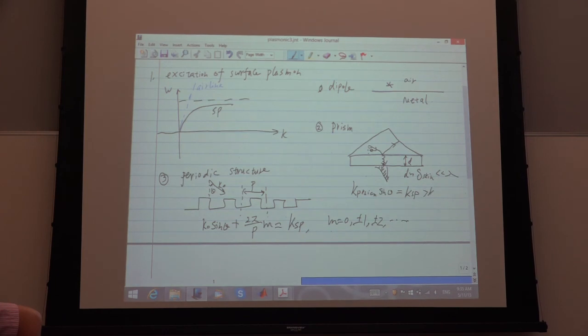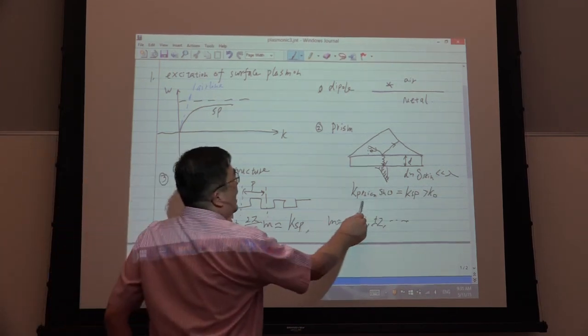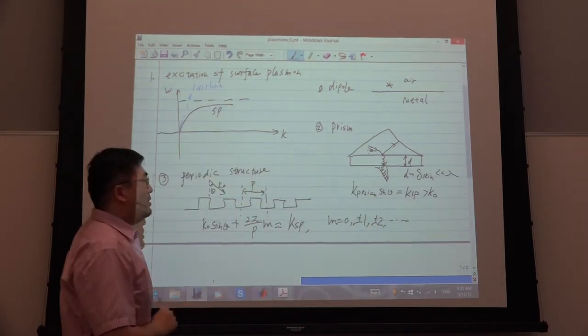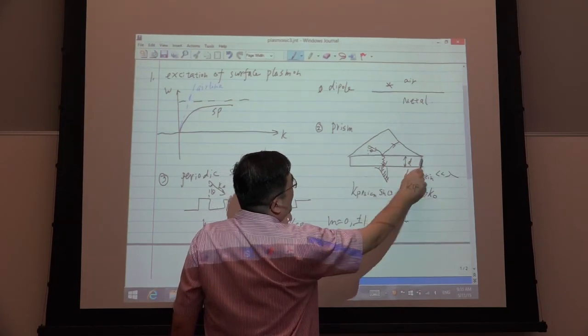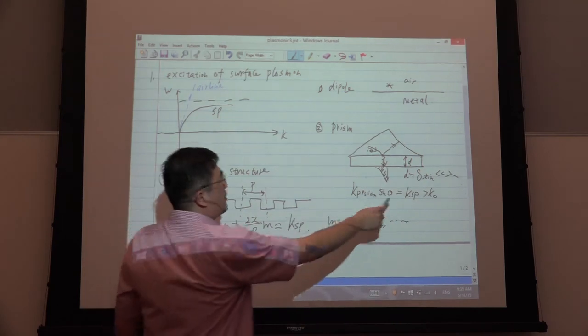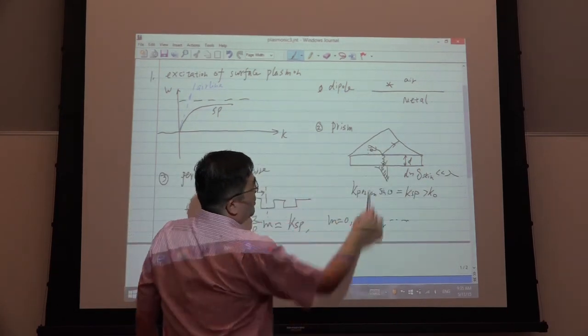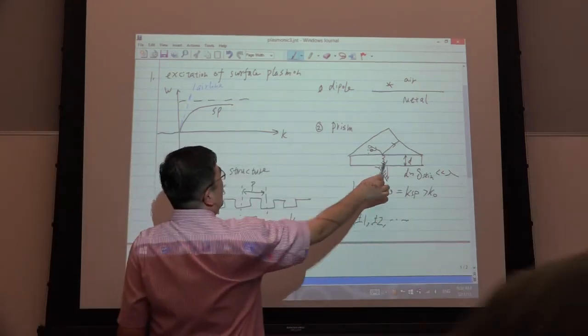This is larger than k0. This is possible because in the prism, the k is larger than k0. So it's possible to excite the surface plasmon at the air-metal interface from a prism-metal interface. Because at the prism interface, k_SP should be larger than the prism's, they will decay along the vertical direction in the prism. So this is the reason why I use this interface.